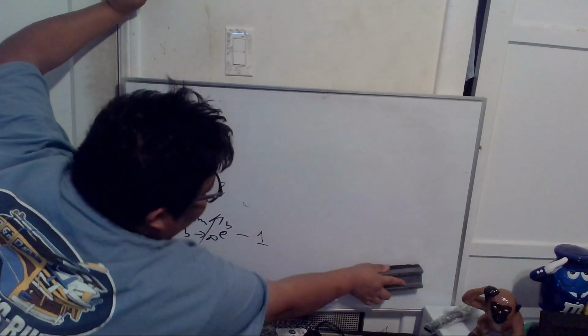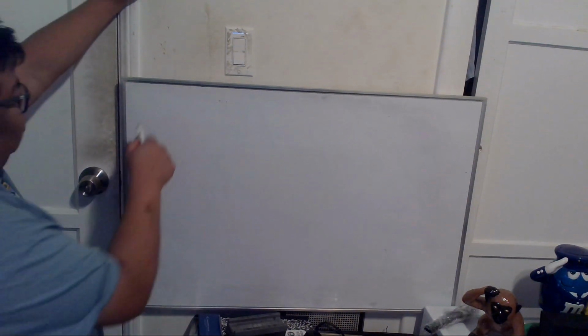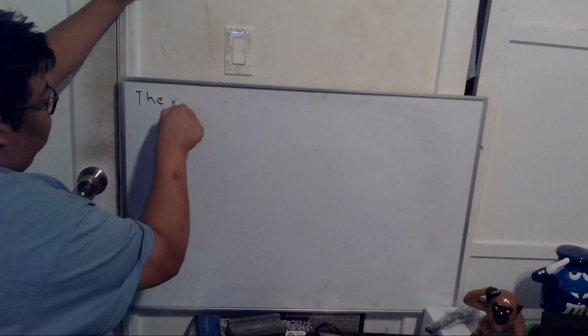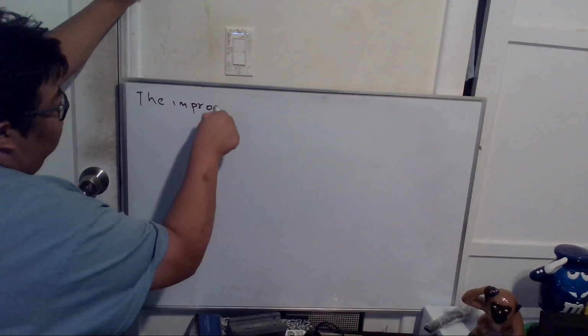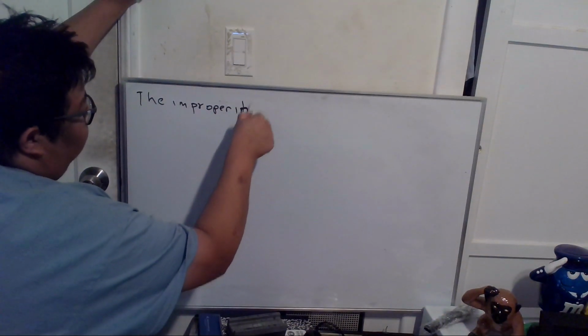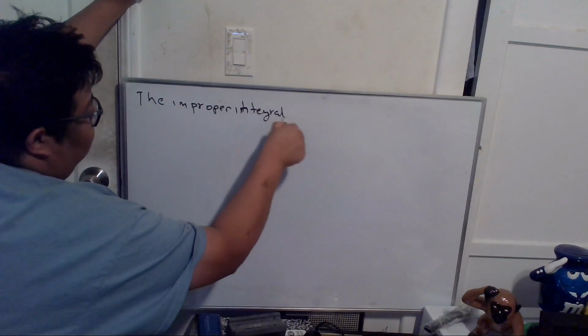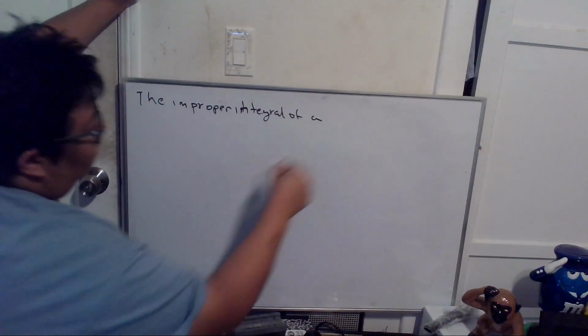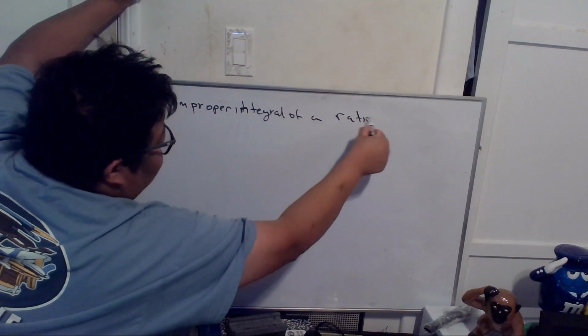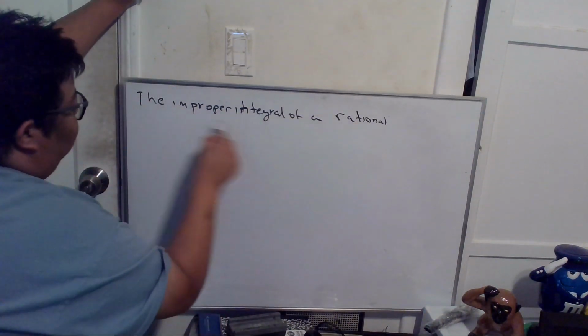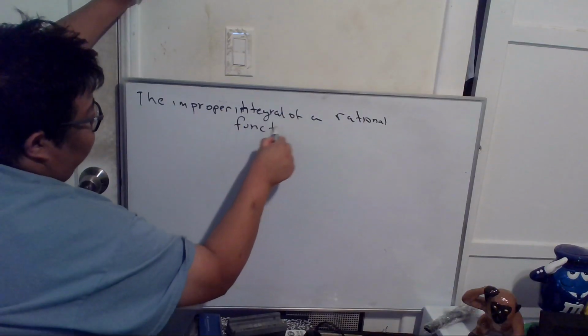Now we're going to go to the third important integral. This one we're going to call the improper integral of a rational function.